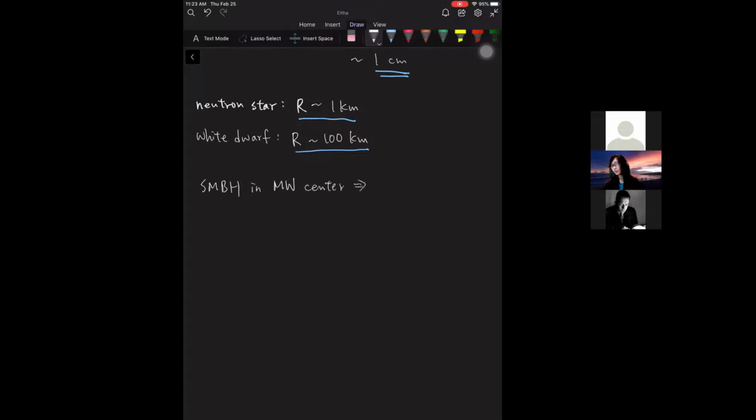So what is the Schwarzschild radius of our supermassive black hole? We already know that the mass of our supermassive black hole is about 4 million solar masses, so 4 times 10 to the 6 solar masses.